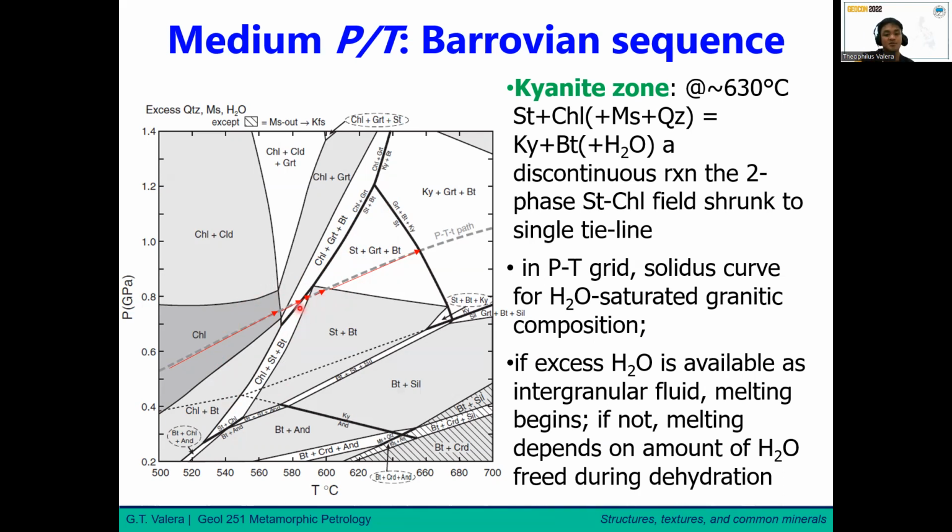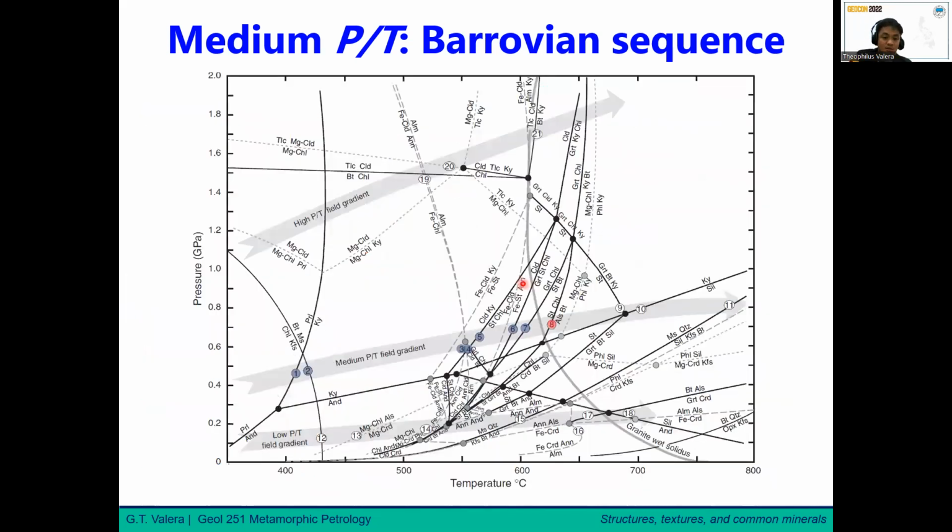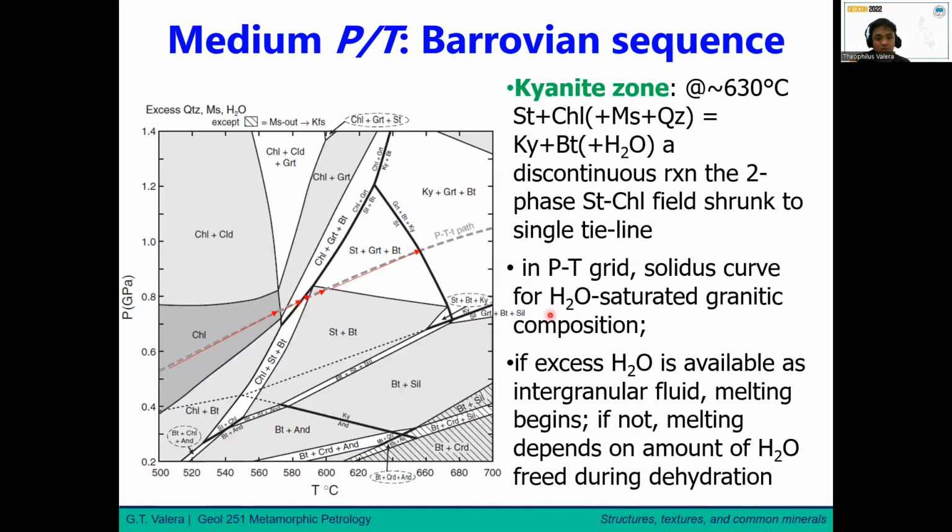And so many pelites are of suitable composition for melting to occur, but water may be bound. Since nag-cross na siya nitong granite wet solidus, yung second bullet, ang point is, many pelites are actually of suitable composition for melting to occur, pero water may be bound in the micas and not necessarily available as an intergranular fluid phase.